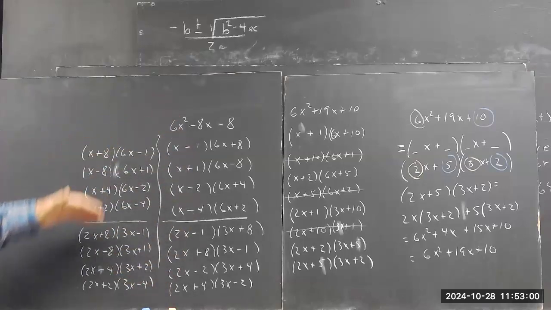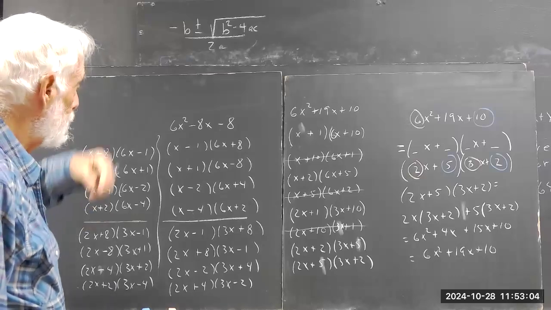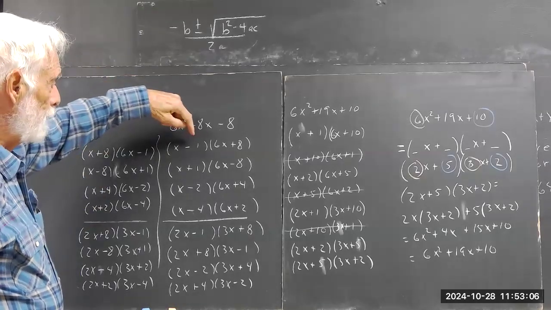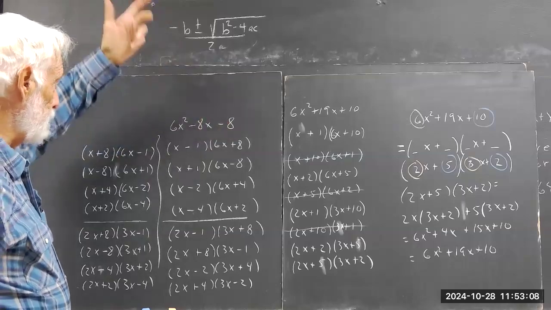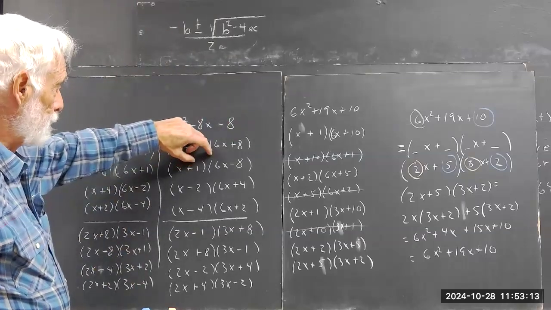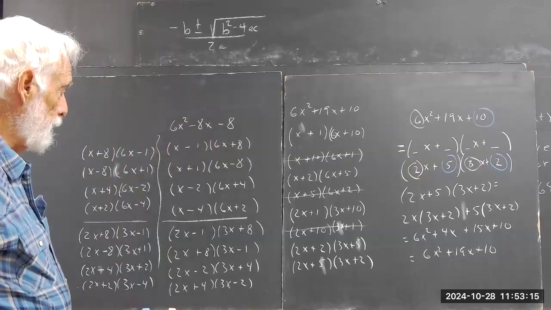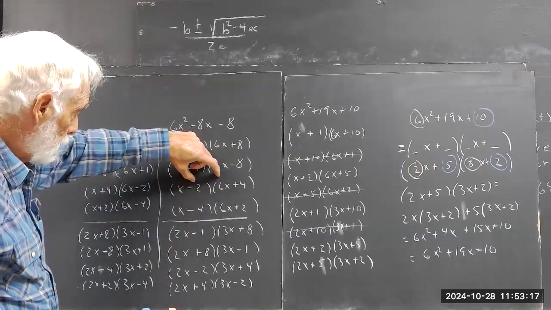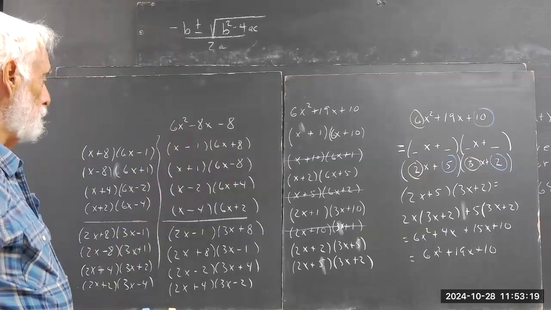If you can list all possible cases, which is kind of tough to do, you can then test them. I'm going to have here a minus 6x and a plus 8x. Well, that's not going to give me a minus 8x. And a 6x and a minus 8x doesn't give me 8x. And a negative 12x and a 4x. Uh-oh.